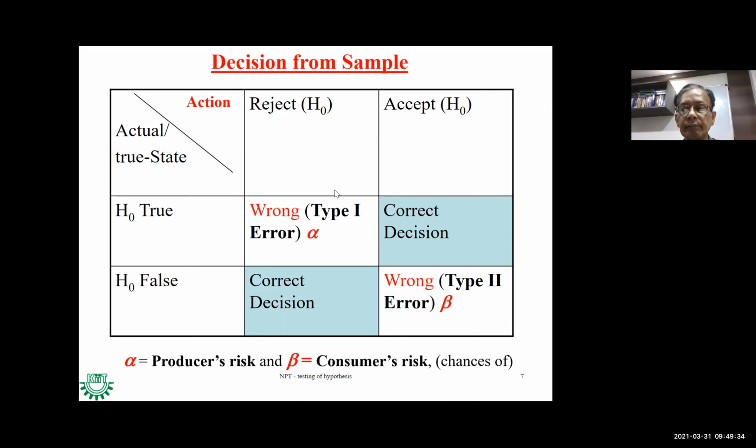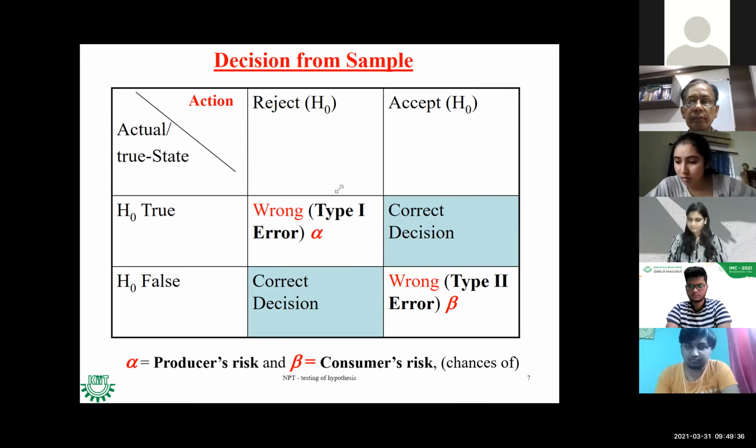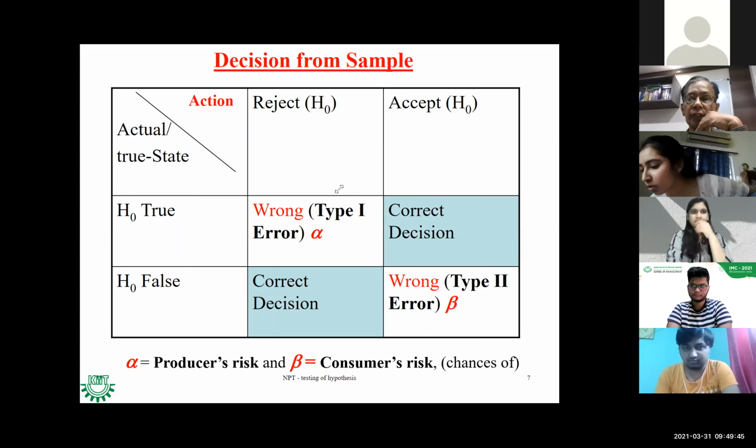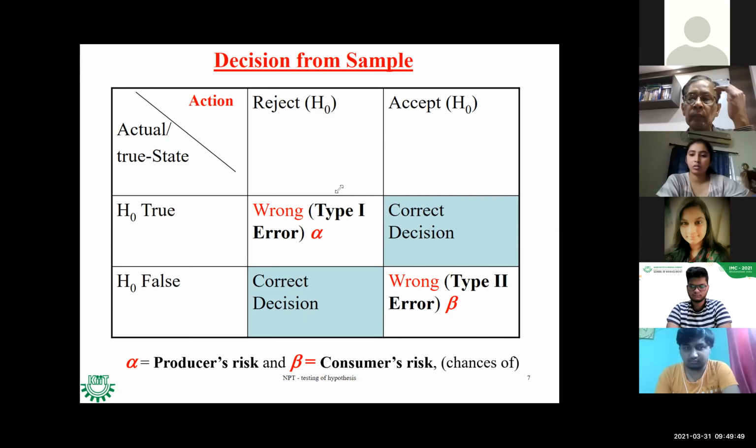Sir, in producer's risk, I guess if our hypothesis is wrong, then it is the loss of the producer. How will it happen, when will it happen, how is it the producer's loss? For example, in the medicine, if we take a sample and the sample which comes to us is bad, the other party will say your medicine is bad, so it is the risk of the producer, and he will be thinking the whole lot of the medicine is bad.